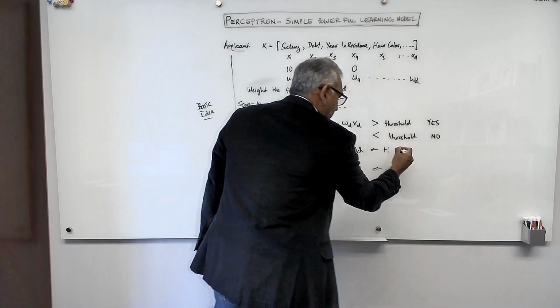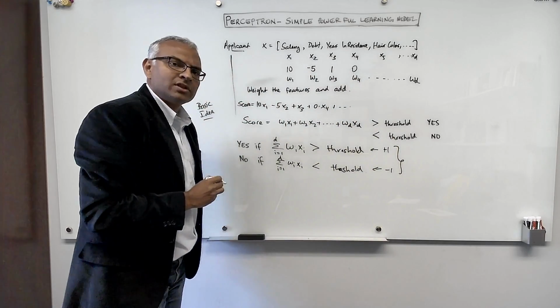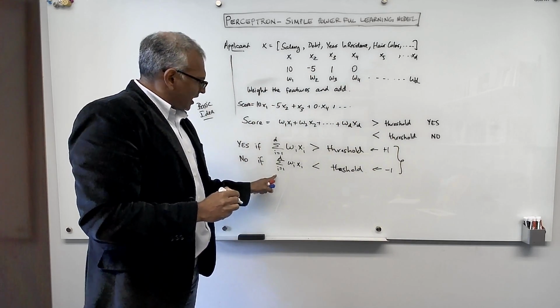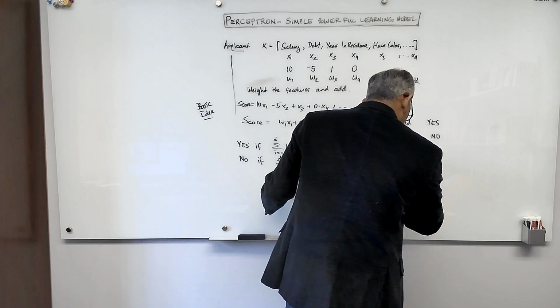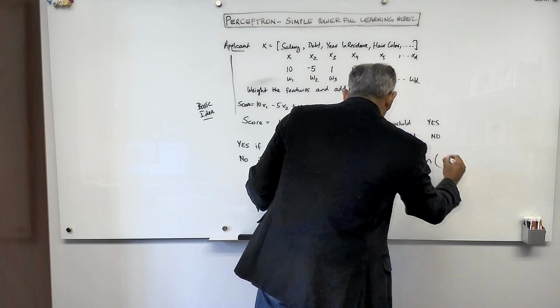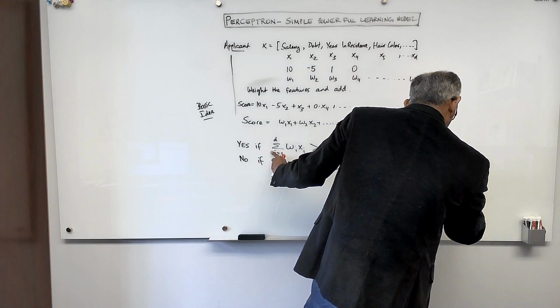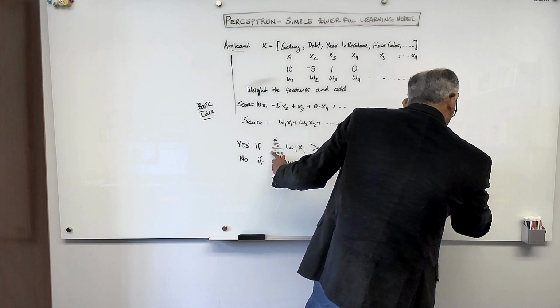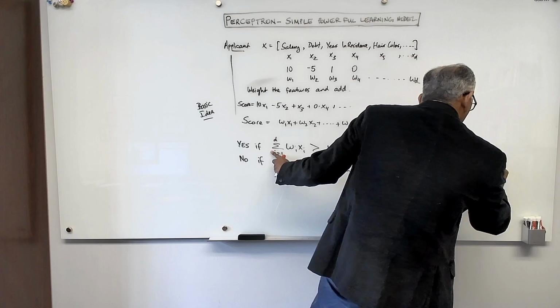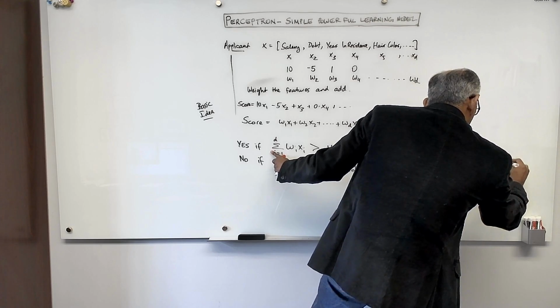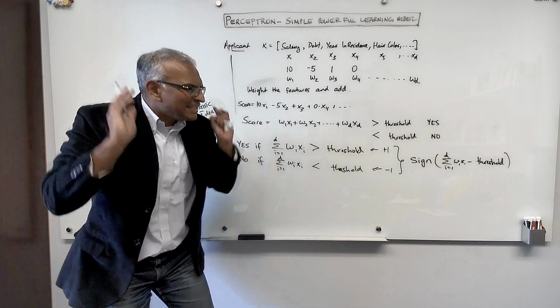So I can combine these two into an equivalent single formula as follows. I can take the sign of this value minus that value: the sum from i equals 1 to d of w_i x_i minus the threshold.